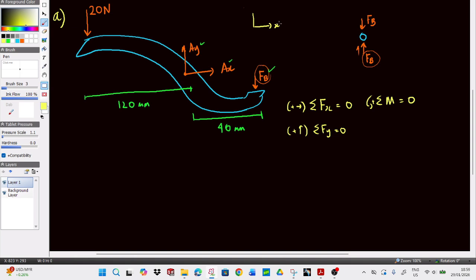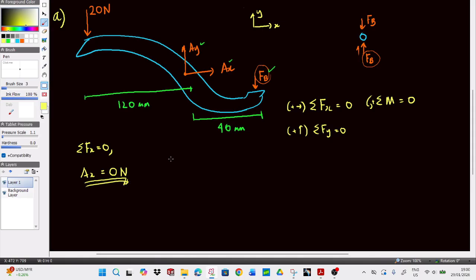You denote this as your positive x and positive y. It's fairly straightforward. Summation of Fx equals 0 means just AX equals 0, so AX is 0 newtons.